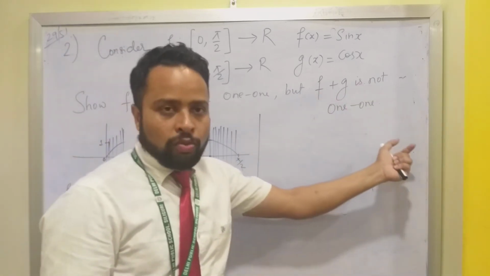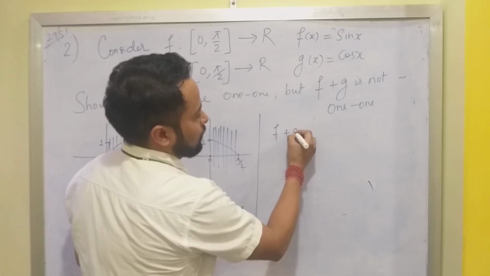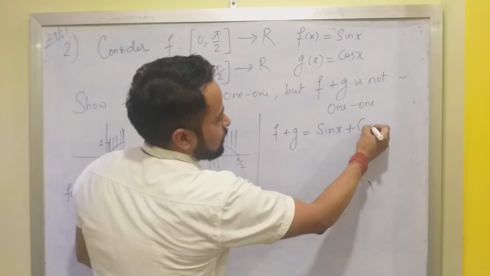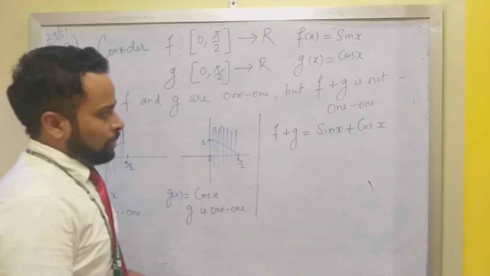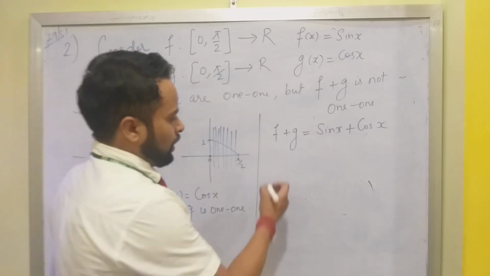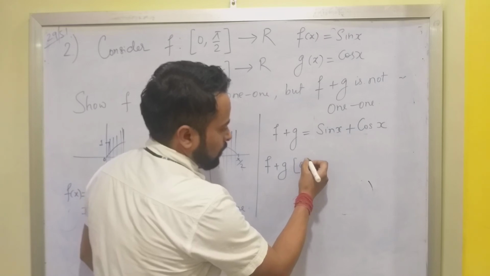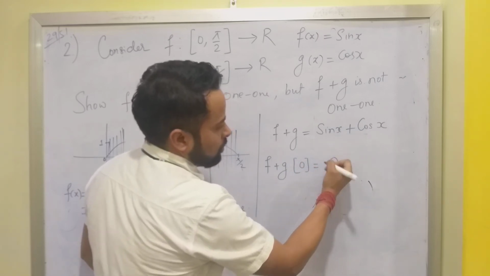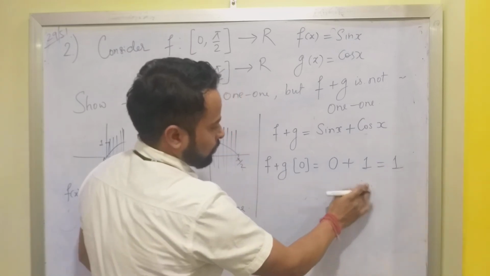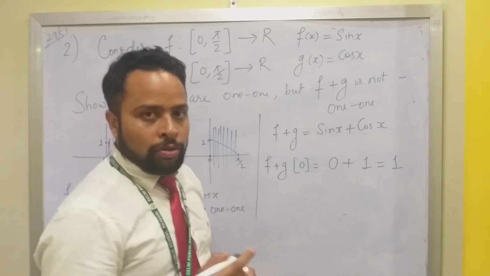If I have to prove not one-one, I have to give an example. So f plus g gives me sin x plus cos x, with x from 0 to pi by 2. At 0 degrees, what is sin 0? 0. What is cos 0? 1. I am getting 1. At 45 it will be 1 by root 2 plus 1 by root 2, which is not 1.